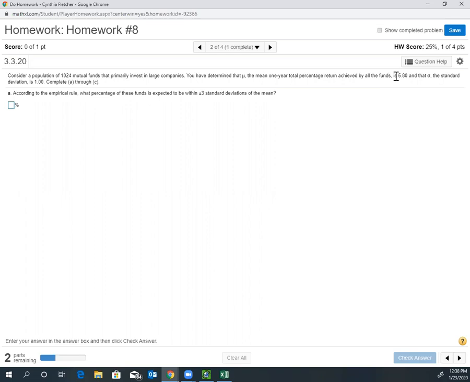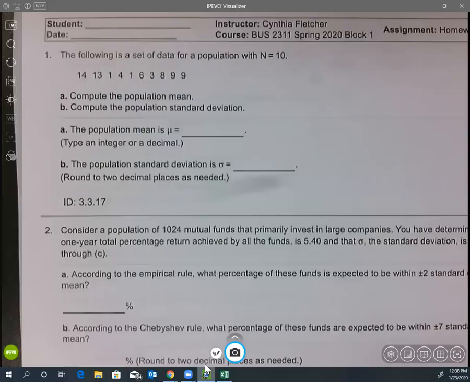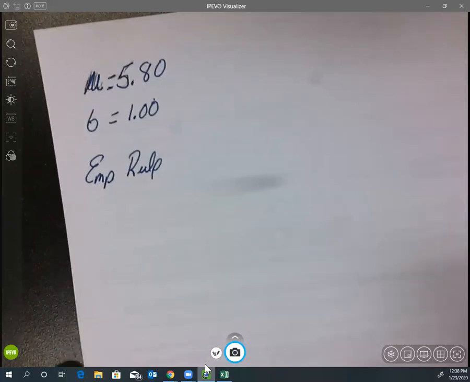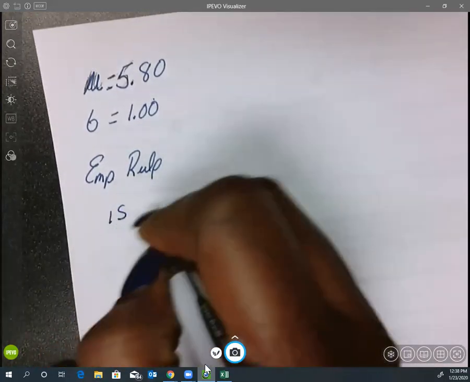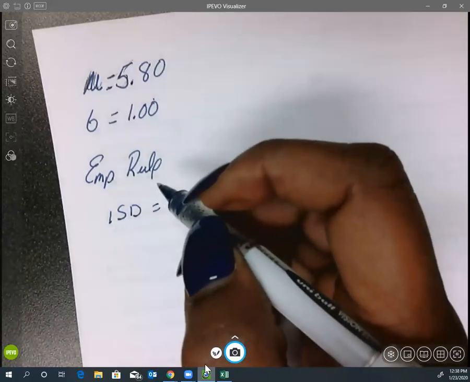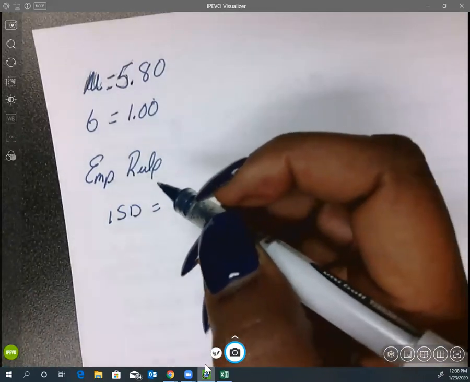So we know on our empirical rule, and let me switch this to my camera. Here we are. So we know on the empirical rule, 1 standard deviation, the percentage was 68%.